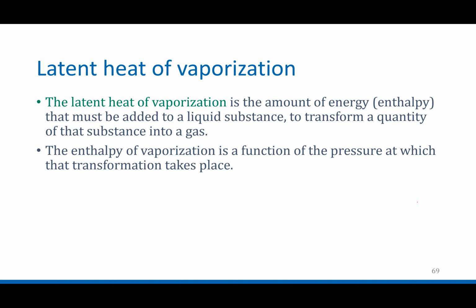Now, in chemistry, we would use the term specific heat of vaporization, but I'm following your course outline, and I think in industry, they might call it latent heat. So the latent heat or heat capacity of vaporization is how much energy it takes to turn a liquid into a gas. The energy or enthalpy of vaporization is related to the pressure.